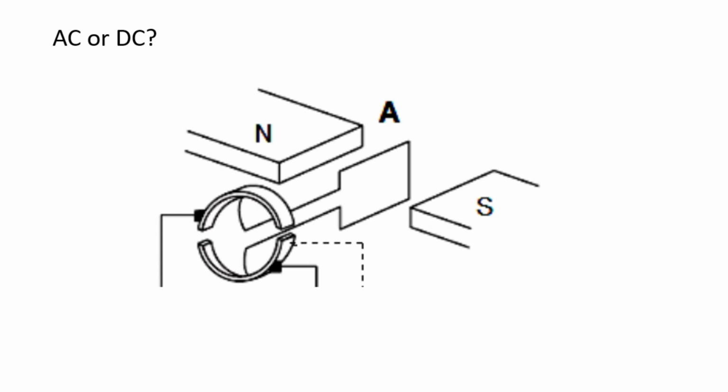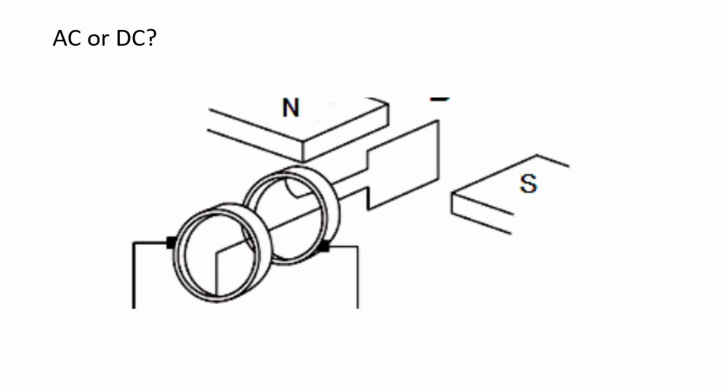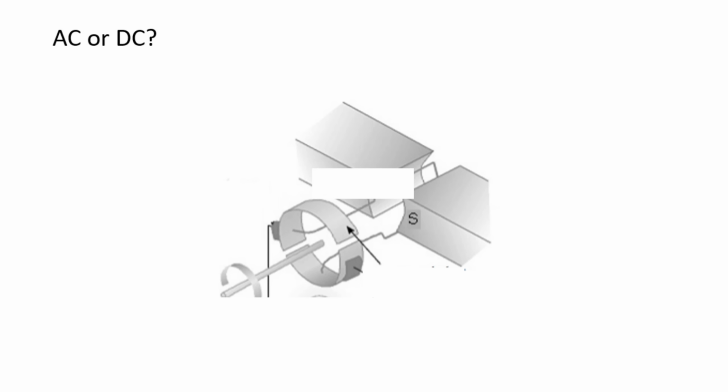So if you had to look at this one, would this be AC or DC? Well, you see it's got the little split over there and there's only one of them, so that's DC. Well done if you got that. And then this one over here has two rings, so that would be AC. And then this one over here has a little split, so you see that? So that's DC.